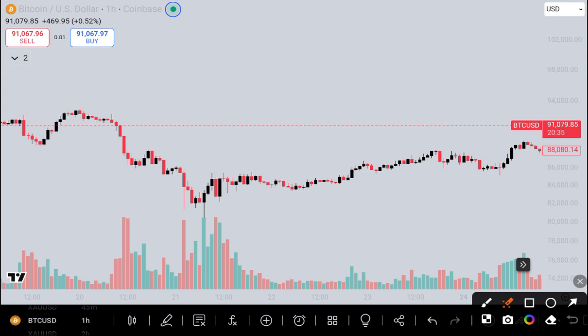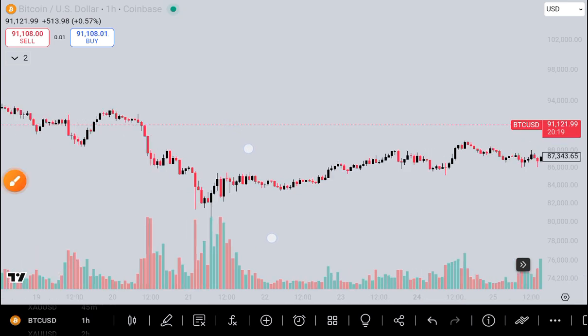But in the real sense, that is not how to use the volume indicator to get your POI. So I'm going to be explaining how I use it.